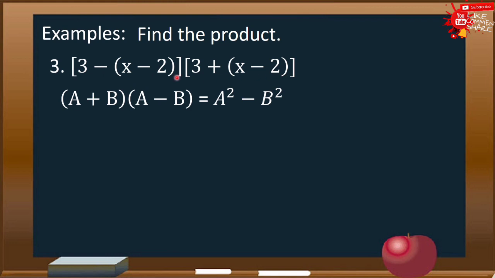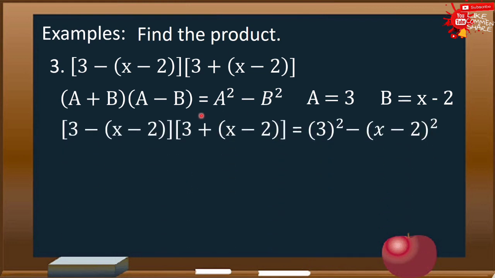So kung ito yung given natin, ito na yon. Ibig sabihin, from this, we can identify the value of a and the value of b. So wherein our a is 3 and our b is x minus 2. Then let us substitute the given values to our formula or equation, mathematical equation.